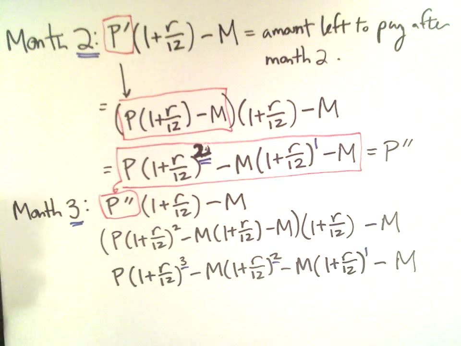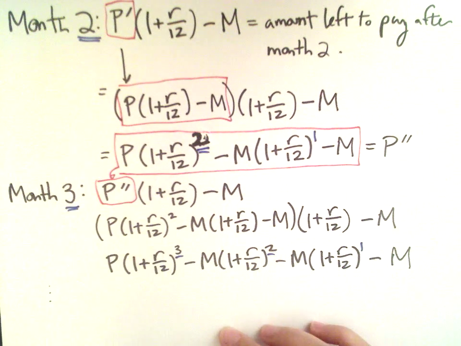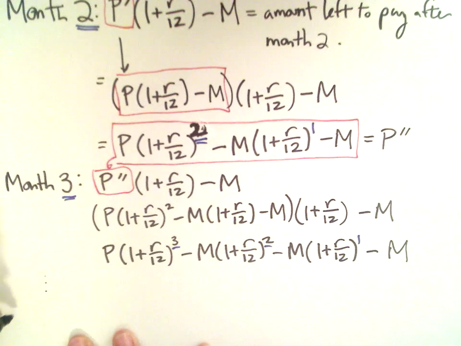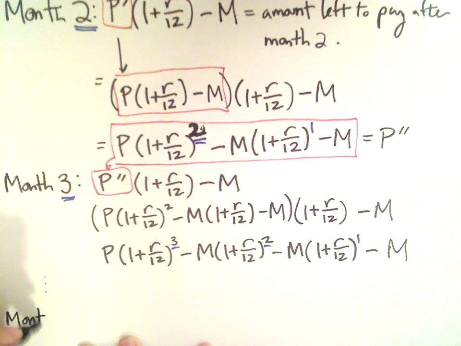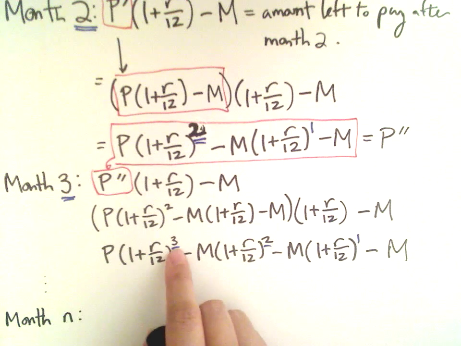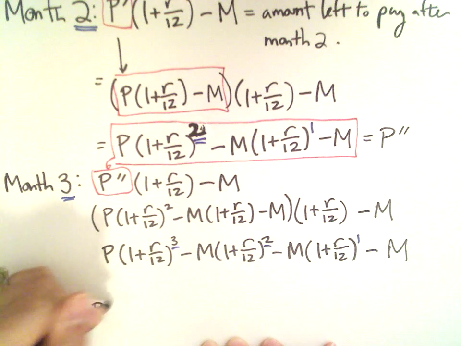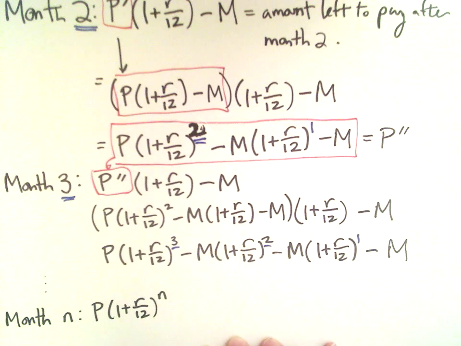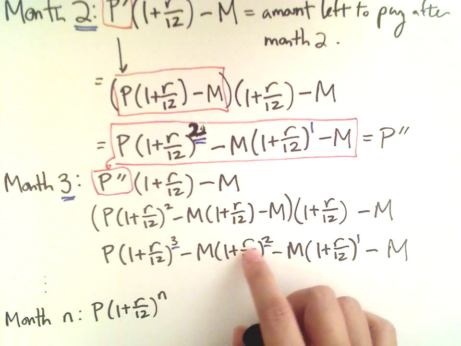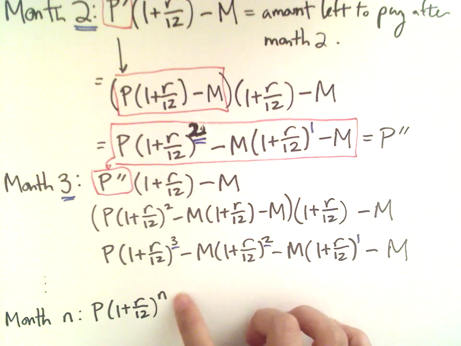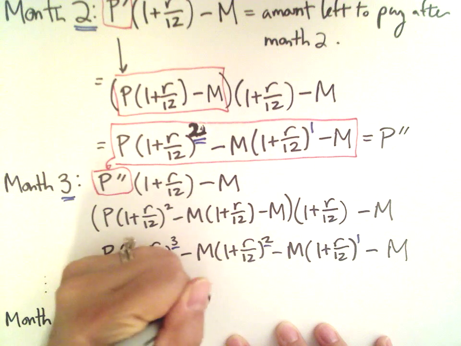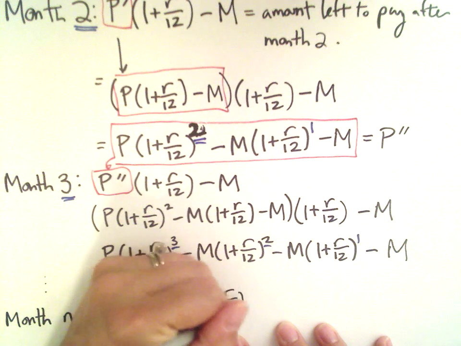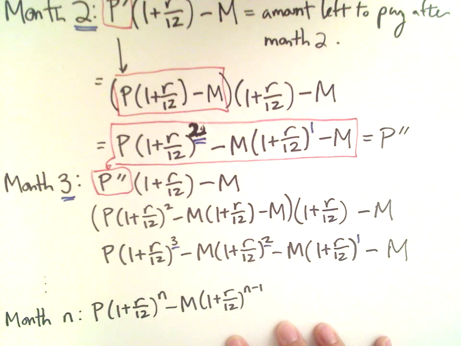So I think we can go ahead and write down a formula for the nth month. So for month n, since this is 3 and that's a 3 right there, we can write P times 1 plus r over 12 to the n, and then minus, and it's 1 less than what this power is that we write down right there. So this is minus m times 1 plus r over 12 to the n minus 1.